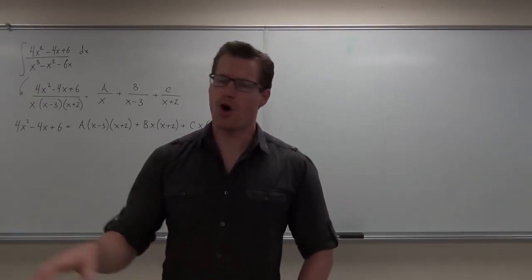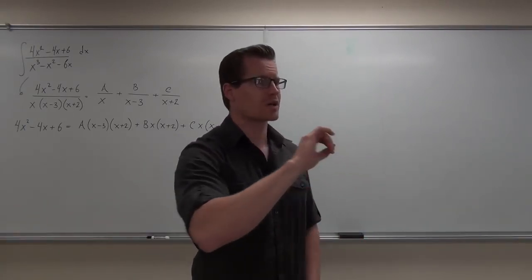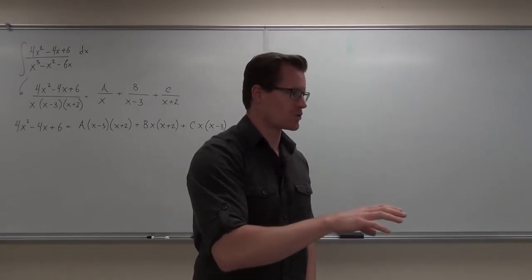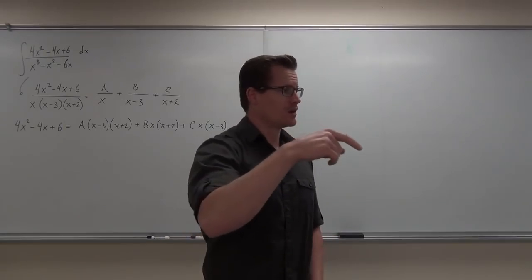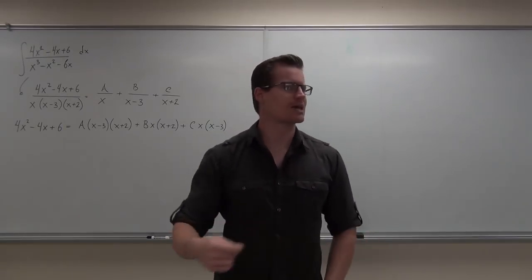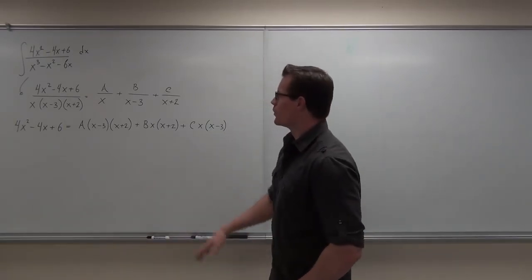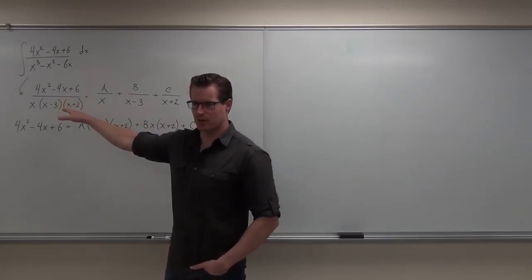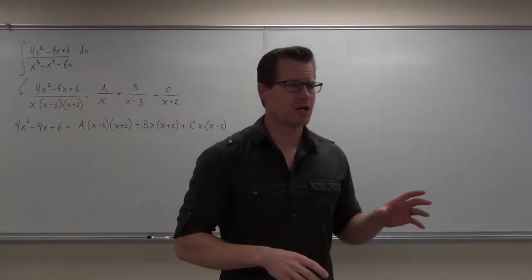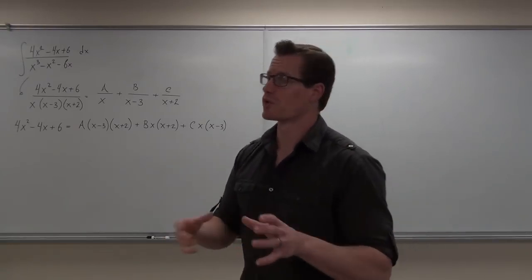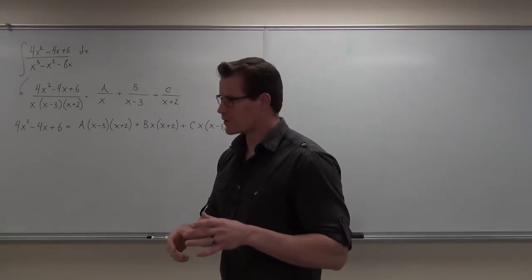We're either going to have all linear factors, or we're going to have linear and irreducible quadratics, or we might have repeated linear factors, or repeated quadratic factors. That's the idea with this. Now in our case, when we factor, which you have to do, by the way, you got to know that any polynomial can be decomposed into linear and or irreducible quadratics. So you'll never end with a power 3.